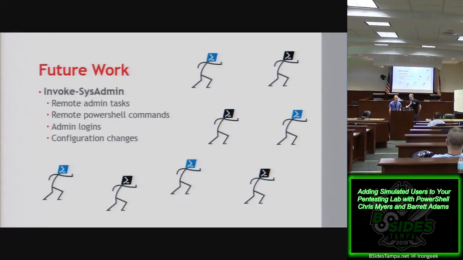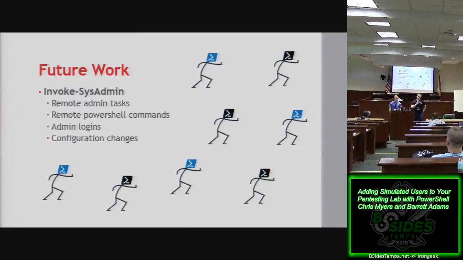We also want to do a spin-off of this, which would be simulating more systems administrator type traffic. So lots of remote access commands, remote PowerShell, administrative logons, maybe lateral movement, configuration changes on various hosts.